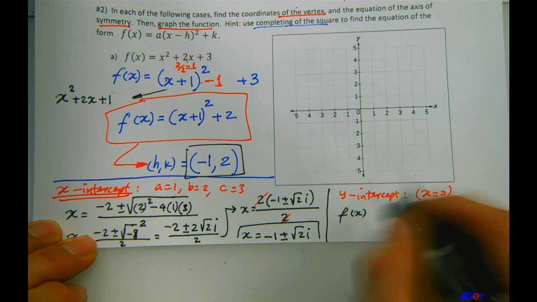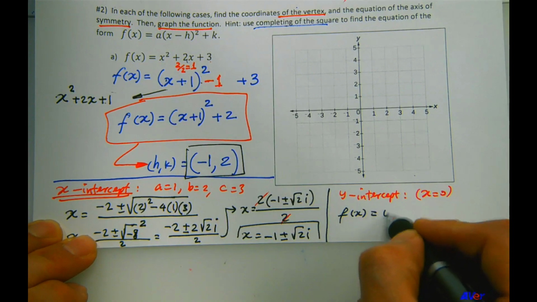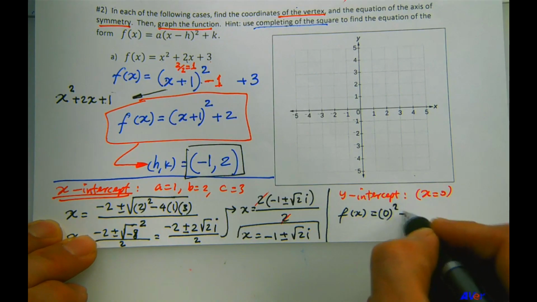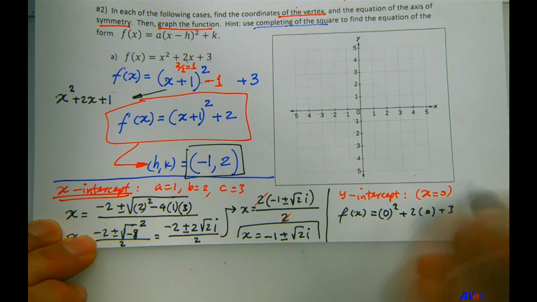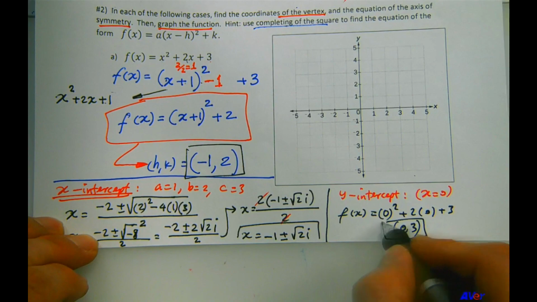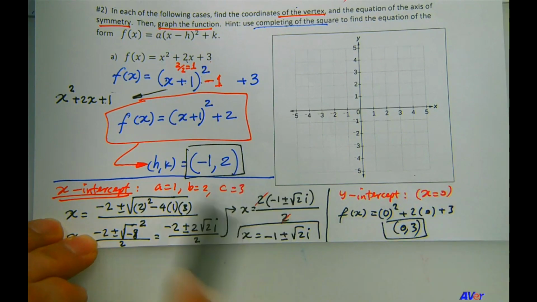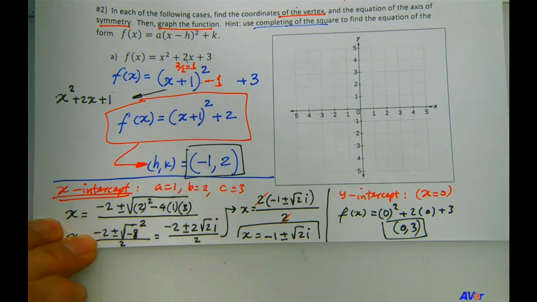Okay, so f of x equals 0 squared plus 2 times 0 plus 3, or 0 comma 3. So that's the y-intercept, and then the axis of symmetry will go right through the vertex, okay?